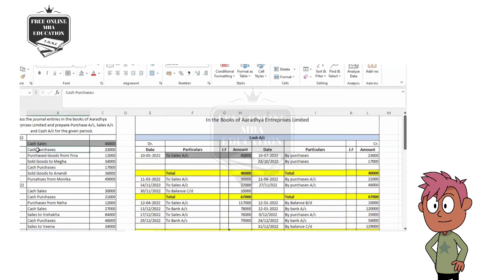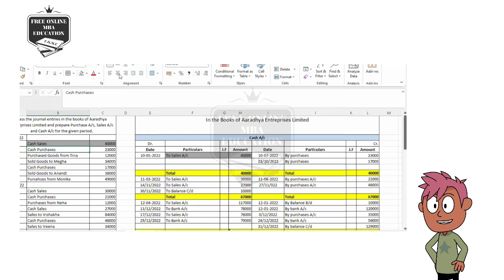The second one, cash purchases. That means we have purchased goods and we paid cash for the same. You'll get this kind of transactions again and again. Then cash purchases, in which we have purchased the goods and we paid cash. So in that case, purchases account debit to cash is going to be the entry.